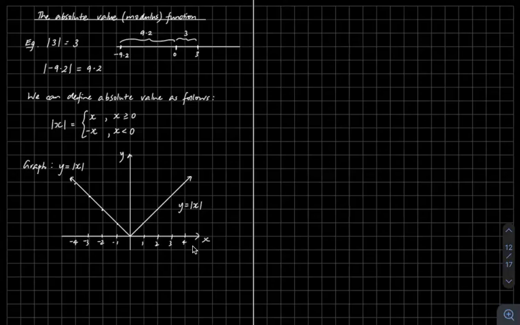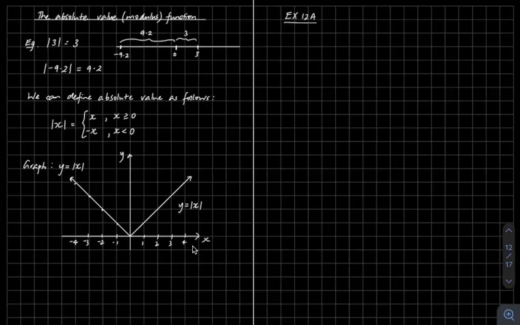Now we can consider transformations of that. What happens if we add or subtract something to x inside the absolute value before we take the absolute value? Those are things that we'll need to consider. But what about working with algebraic expressions like this, and solving expressions which involve absolute values?